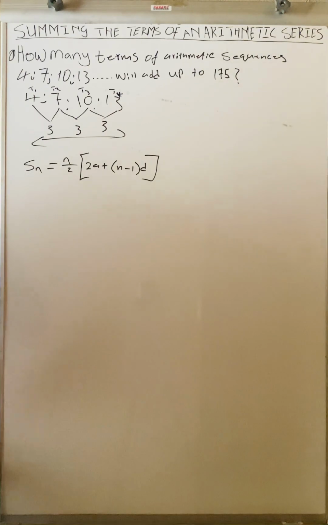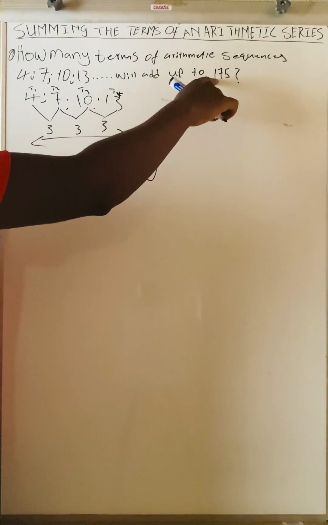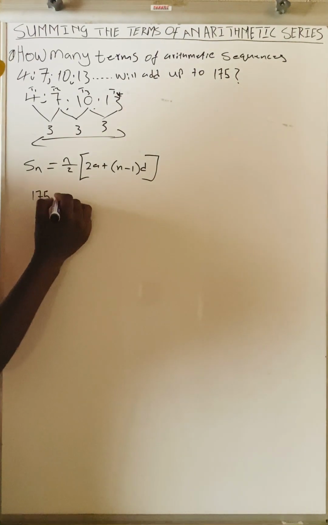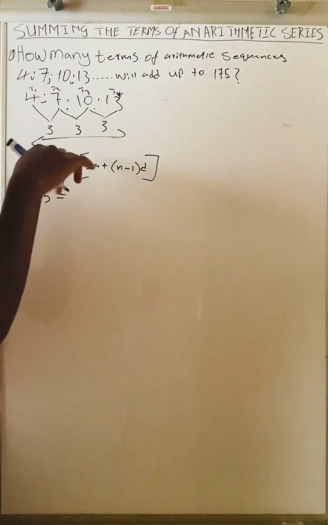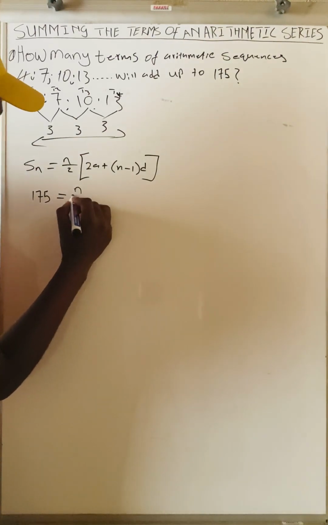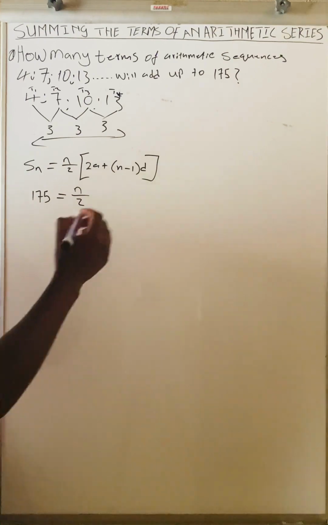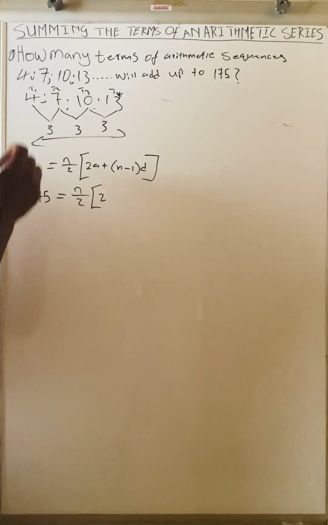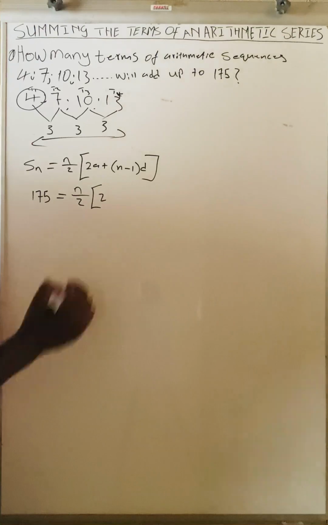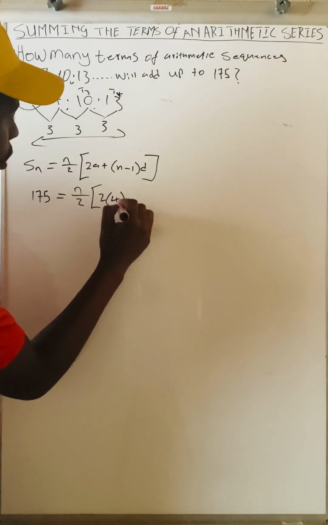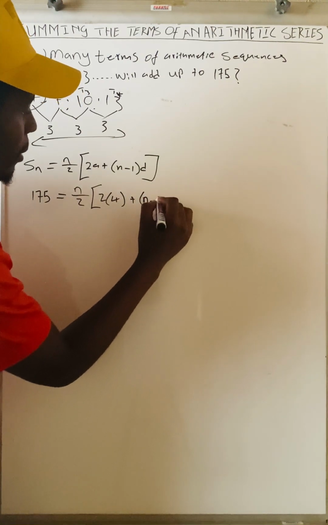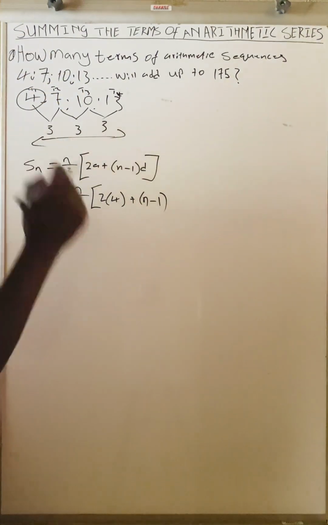We know our sum is 175. Then for n, we write n divided by 2, then 2 times a. What is our a? It is our first term, which is 4. Here you write 4 plus, n minus 1 times our difference, which is 3.